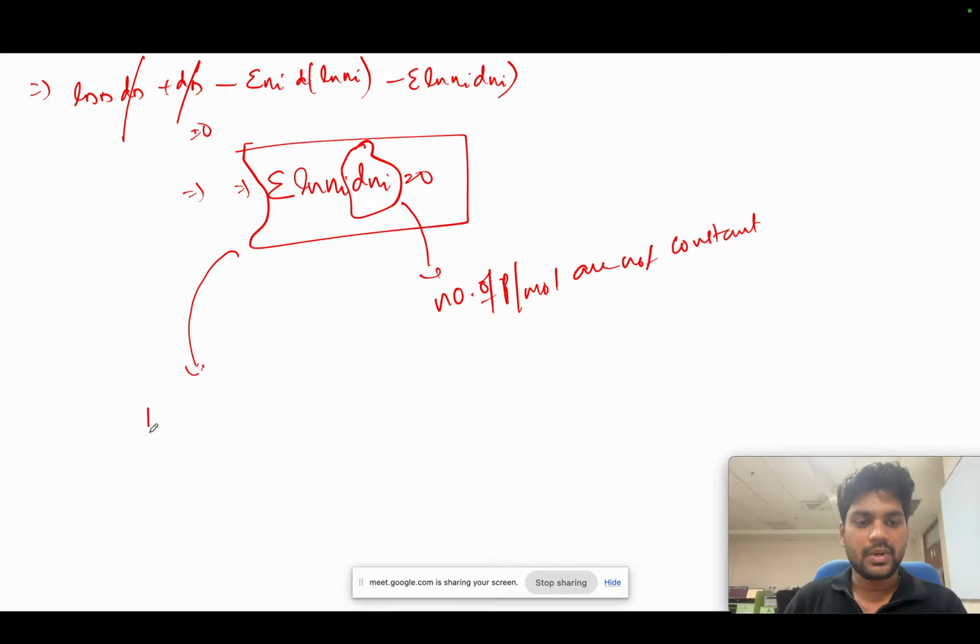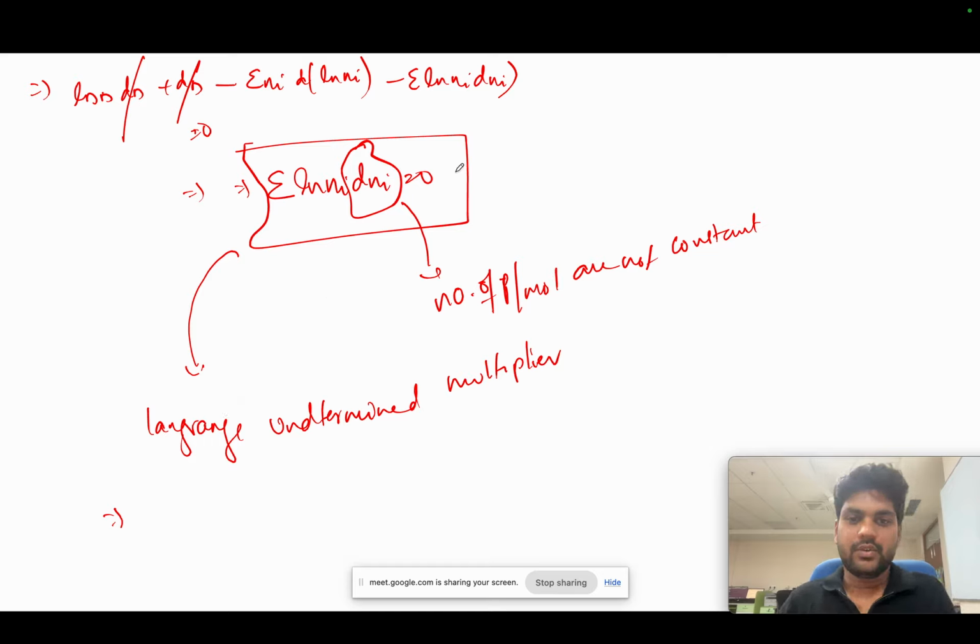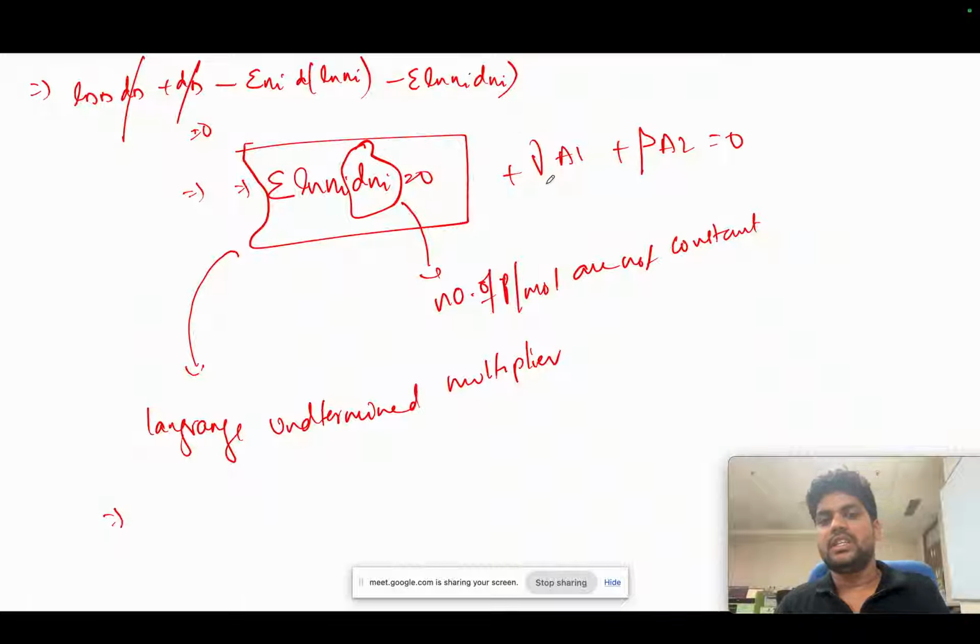So from this we will apply the Lagrange undetermined multiplier. We need to find the number of particles in that microstate, and the energy for that ith state. What Lagrange said was, if you write the equation with two constants, with assumption 1 plus assumption 2 equal to 0, then we can easily solve this.